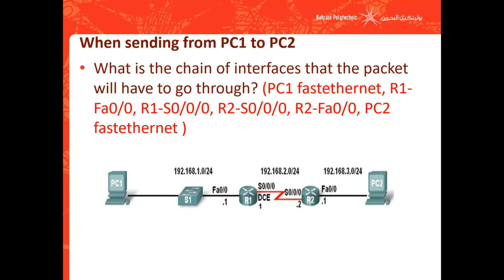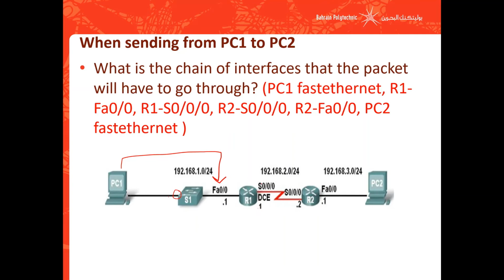From PC1 fast Ethernet, it would also go towards the switch, but they didn't mention the port, so we don't talk about it. So from the PC, it would go to fast Ethernet 0/0 on the router. Okay.